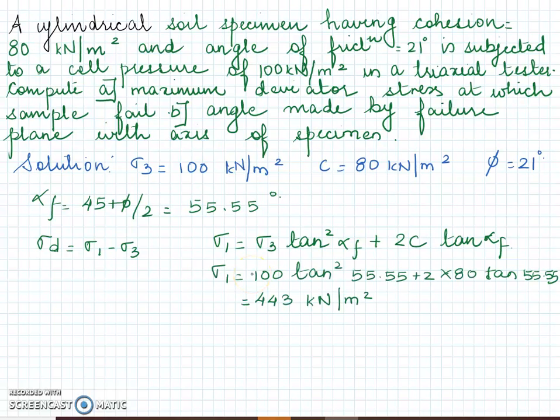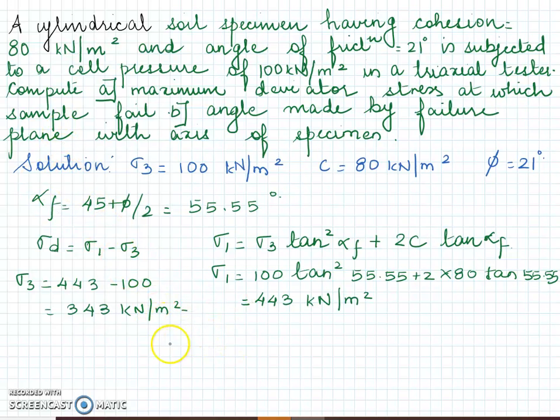Sigma 3 as 100, alpha f is 55.55, C is 80. You get the value of sigma 1 equal to 443. Next, let's determine sigma D. You know sigma 1, and you know sigma 3, which was already given in the problem. You get the value as 343 kilonewton per meter squared.